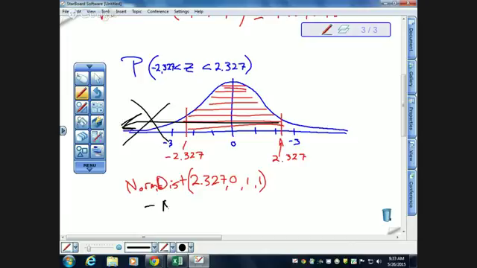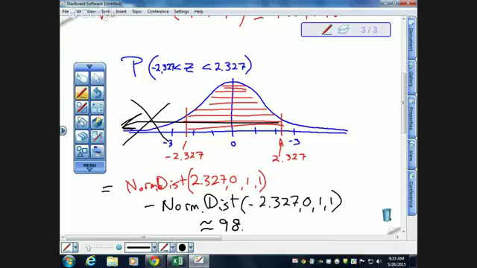I want to subtract from that the norm.dist of the lower part, negative 2.327. And when I did that, I got pretty close to 98%. I just entered this in one cell in Excel, and I got about 98.003%. Calling it 98% was more than sufficient.